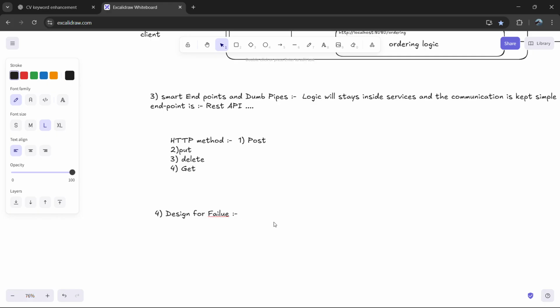If we have to define design for failure, then we will say that microservices must be designed to tolerate failure.